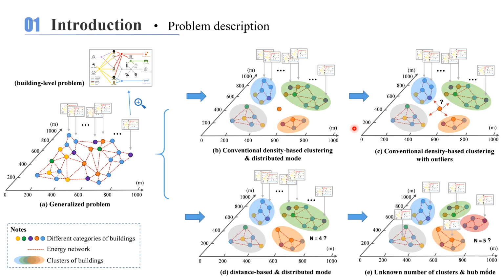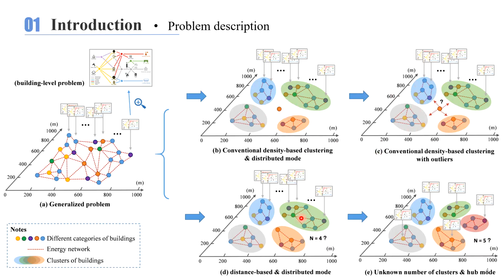But when it comes to the optimization process, it is difficult to determine whether the standalone buildings should remain alone or be enrolled in certain clusters. This might lead to suboptimal results.